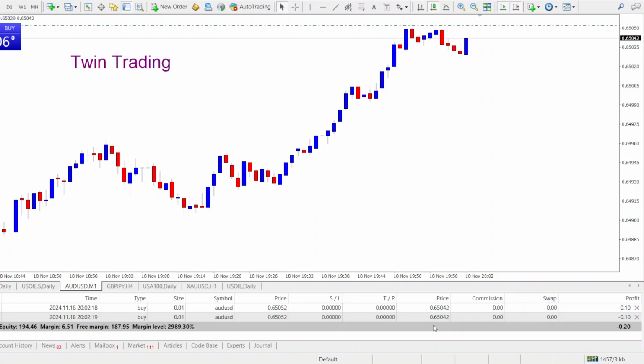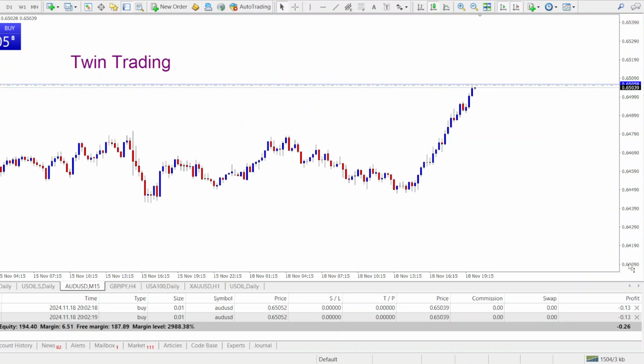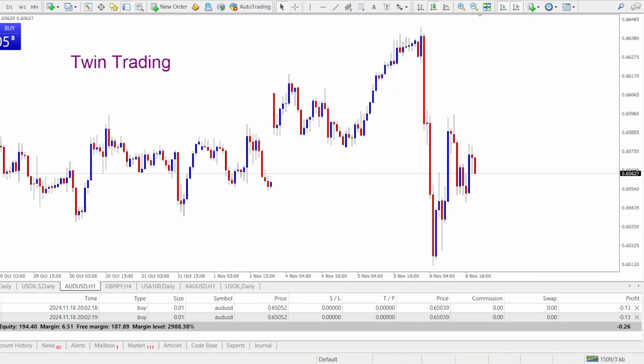So after you enter two trades on the same currency pair with identical entry points, you're going to set your take profit at different levels. Okay, so basically that is how this strategy works.